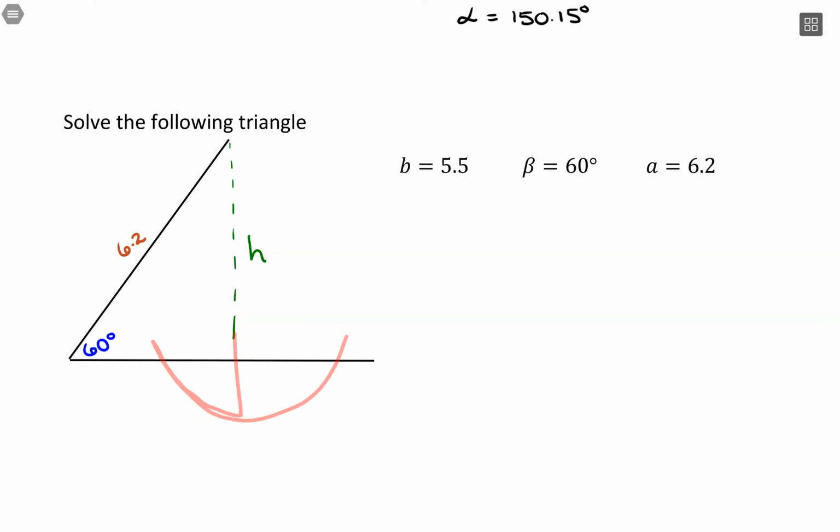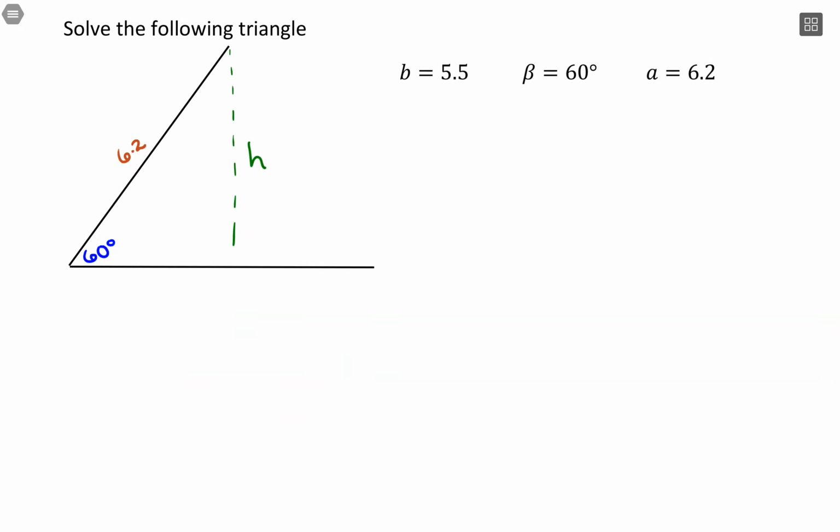So with that, I'm going to find H as some kind of side work, and with that, it's taking sine of 60 degrees is equal to, and again, this is a right triangle here, take the opposite of H divided by the hypotenuse of 6.2.